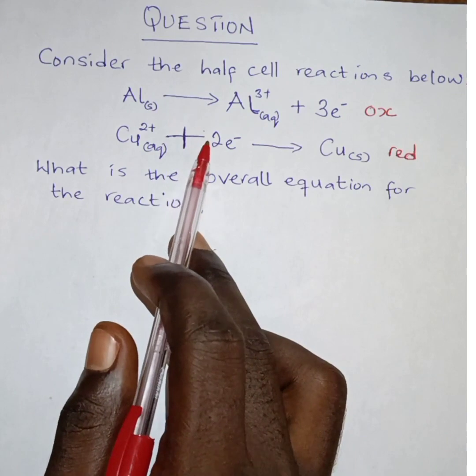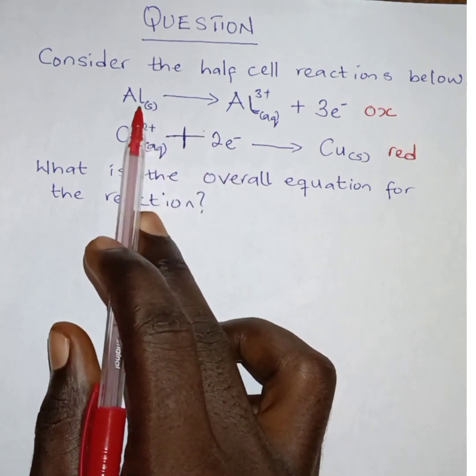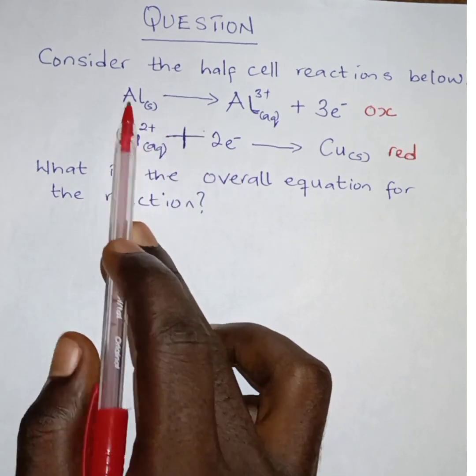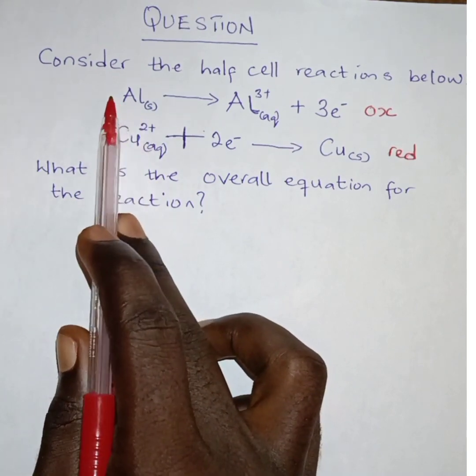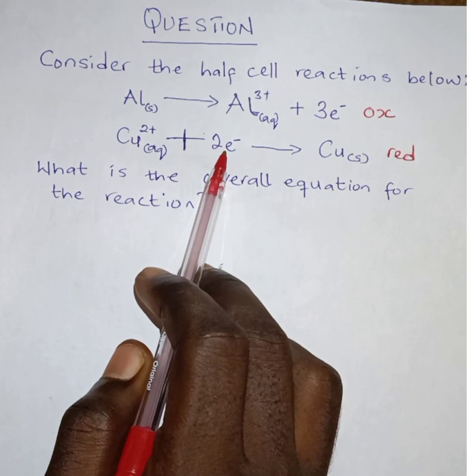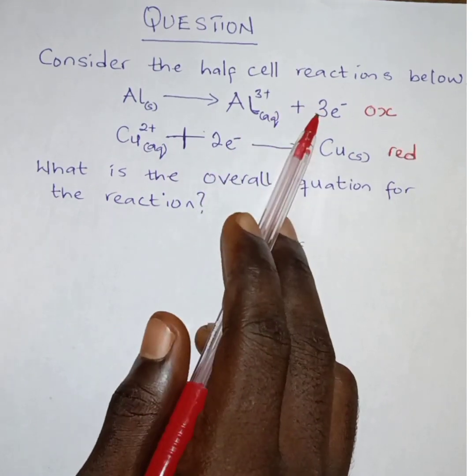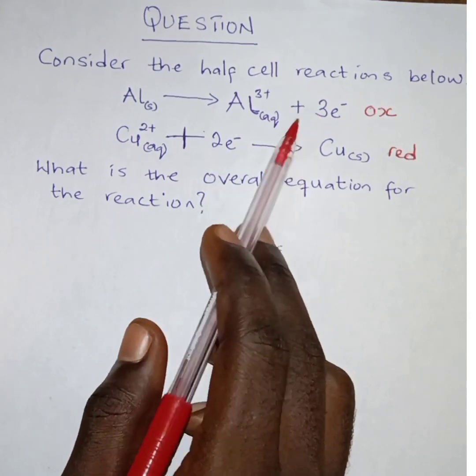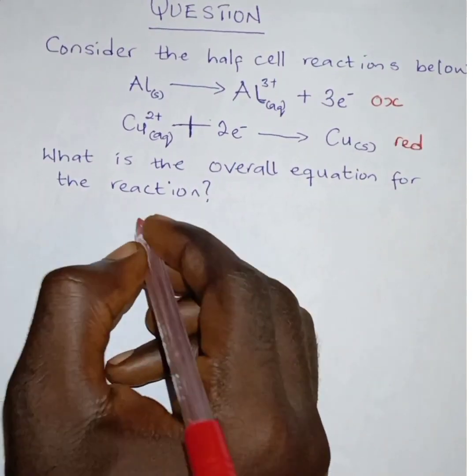We account for that by multiplying this equation and this equation with whole numbers so that at the end of the day we are going to have an equal number of moles of electrons here and here. Let me simply rewrite this equation.